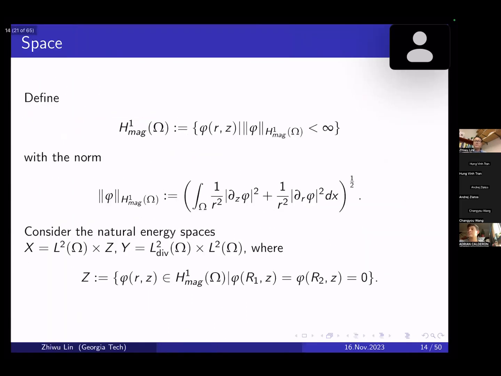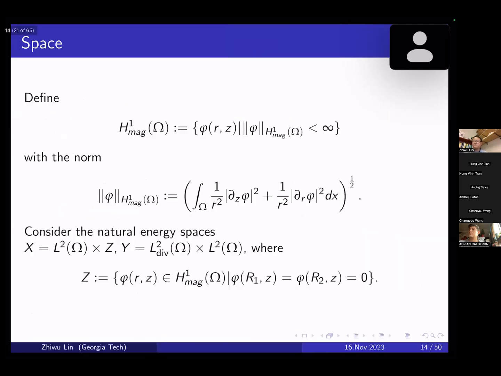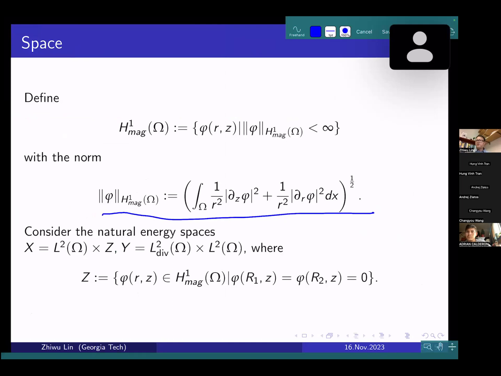Okay, so before we state the results, let me introduce some function spaces. So first, let me define this H1 space. We call it H1 mag, because if you look at this norm, we define the norm here.